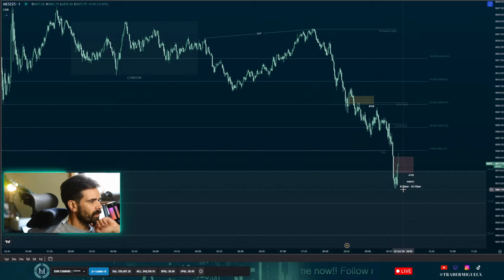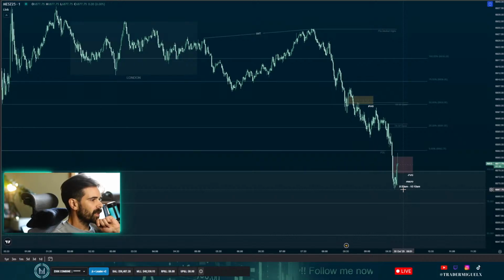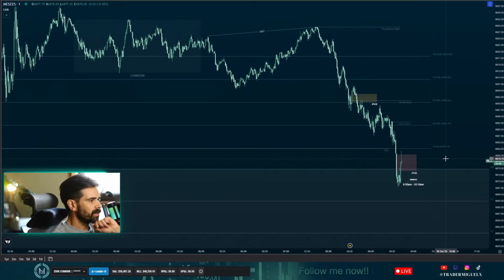We are still 7 minutes away from the macro as well. So let's wait a bit more. So far, we are rejecting the midpoint of this bearish fair value gap here.